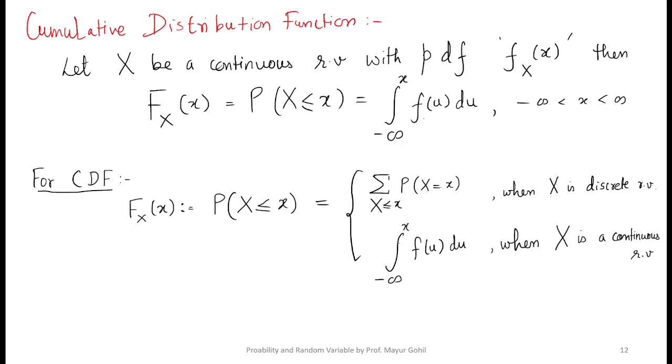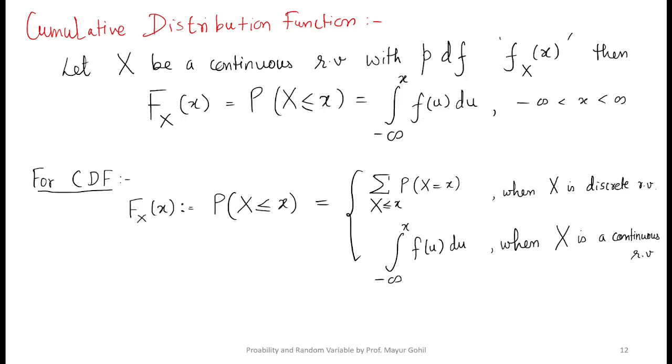Now, what is very important to know is that for cumulative distribution function, we always use capital F. Sometimes the name distribution function is used loosely, which is a very non-standard way of talking. Please see what notation is used.